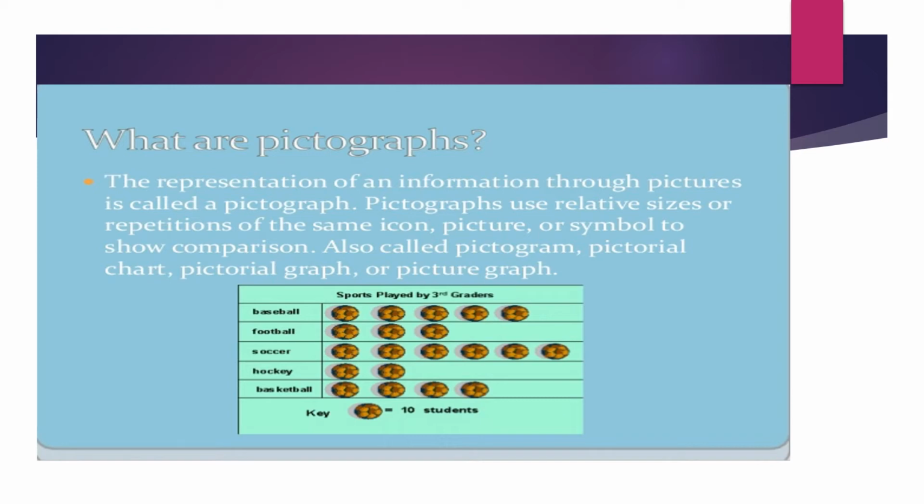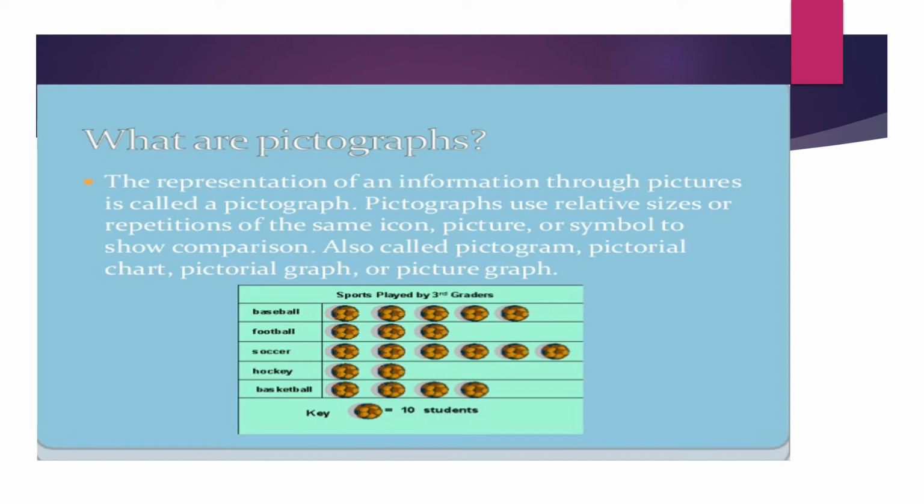Here is the example of sports played by third grade students: baseball, football, soccer, hockey, and basketball, where one ball picture represents 10 students. If you see baseball, there are a total of 5 pictures, so 50 students like baseball. In football there are 3 pictures, so 30 students play football.